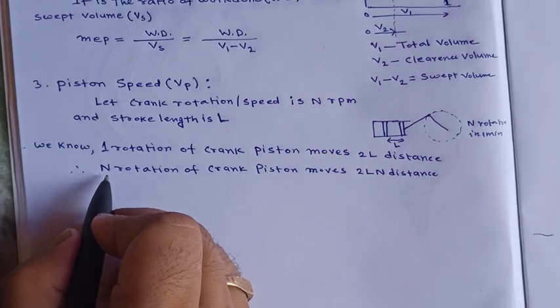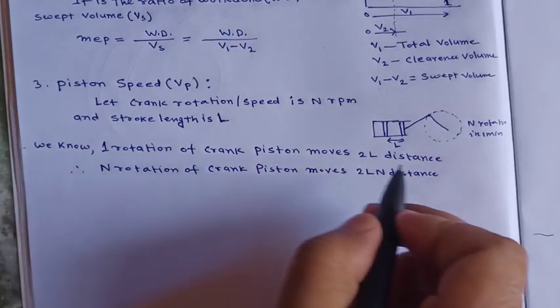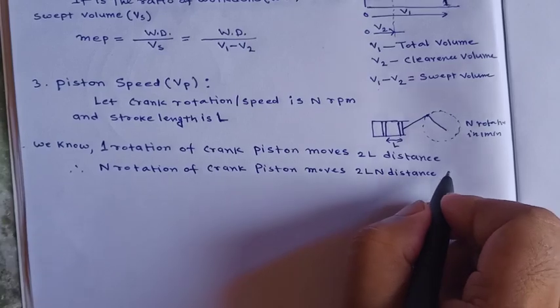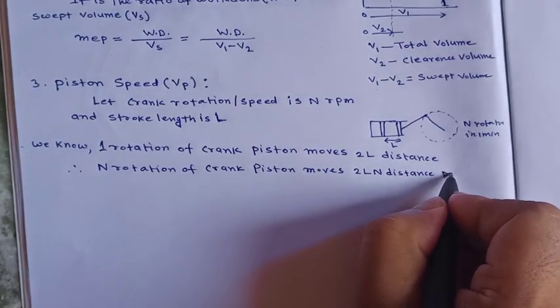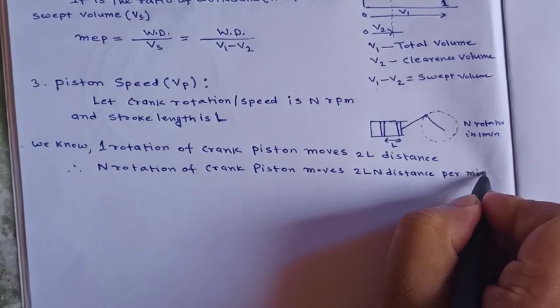And as these n rotations are produced in 1 minute, I can write 2Ln distance per minute.